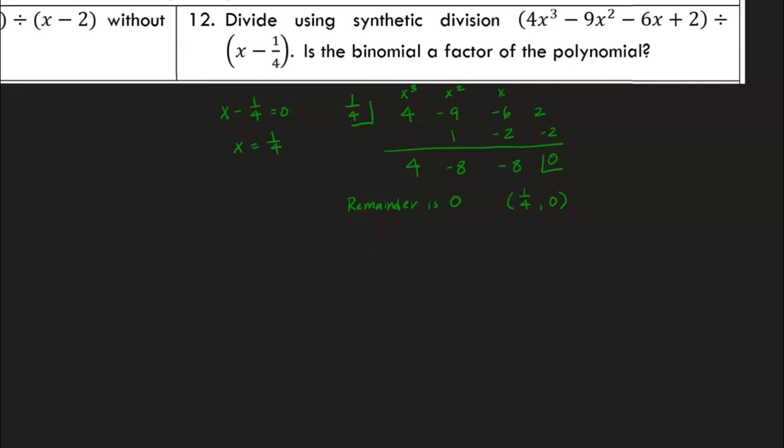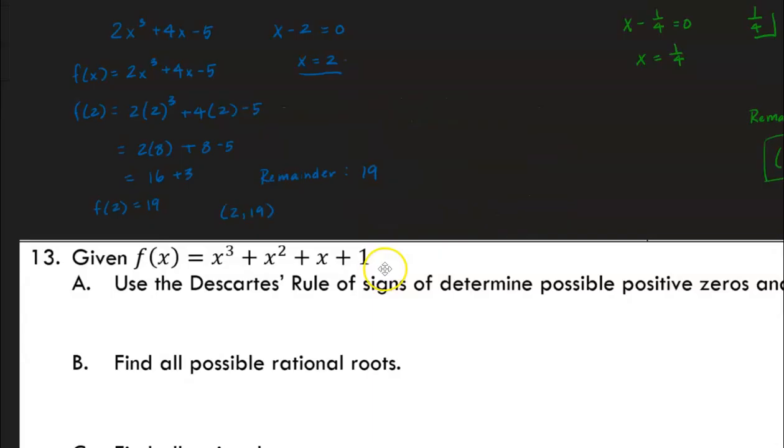That means that x minus 1/4 is a factor. It's a factor because the remainder is 0, and x minus 1/4, when I set it equal to 0, x equals 1/4, and that's the x-intercept, or the root of that polynomial. Okay? Good job, guys.